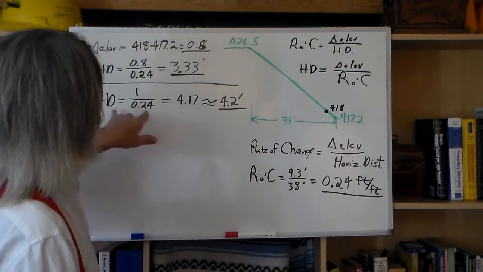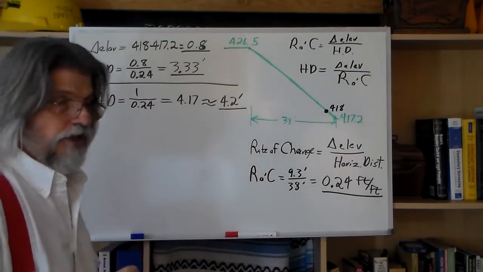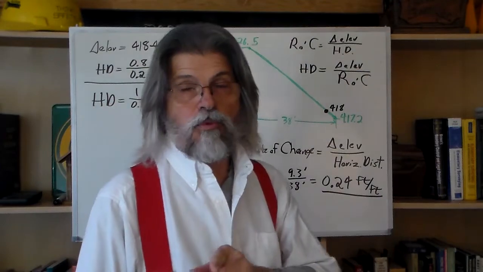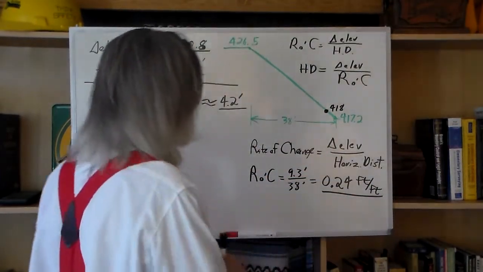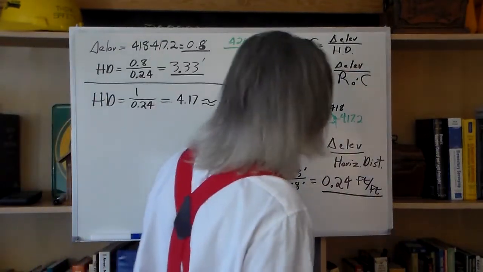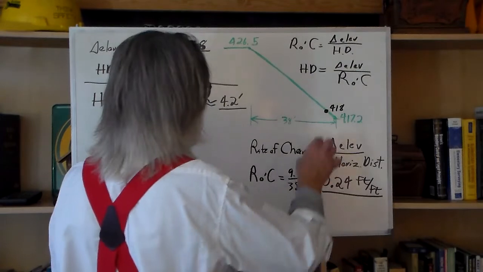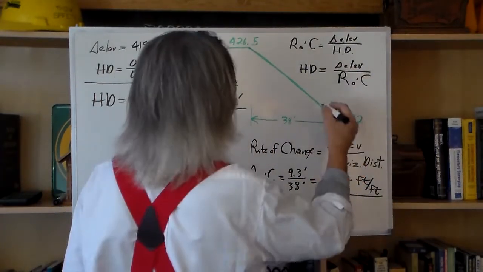So here we go. The horizontal distance for a delta elevation of 1 foot is 4.2 feet. So we could take that 4.2 feet and just replicate it all the way up the line here. Now, once again, I don't have a scale or anything like that, so I'm kind of eyeballing the distances. But we can come up here. I'm going to do my best to eyeball it and keep it even.